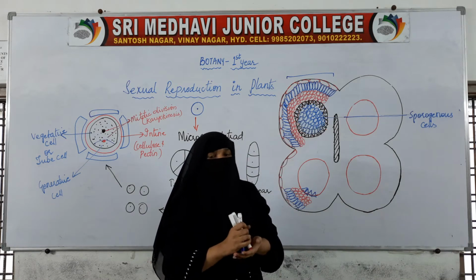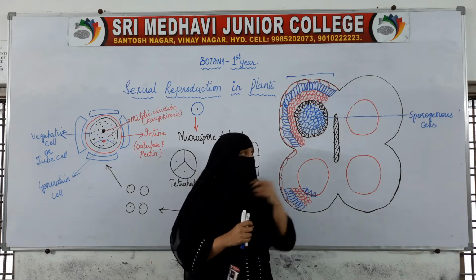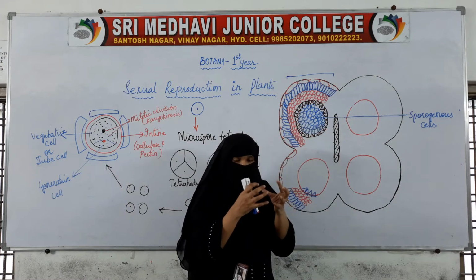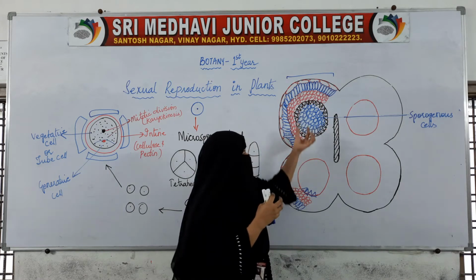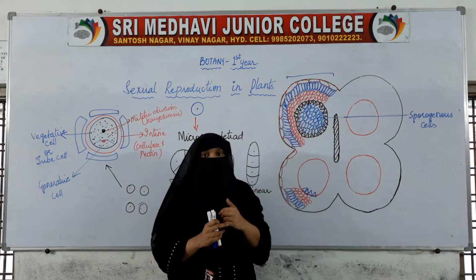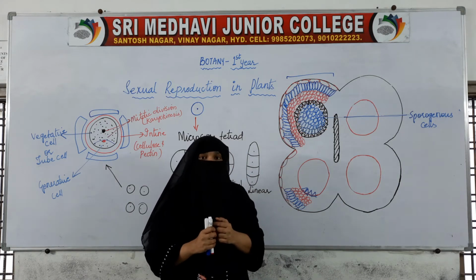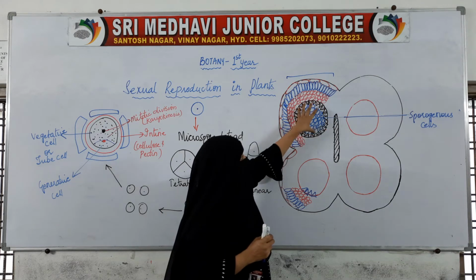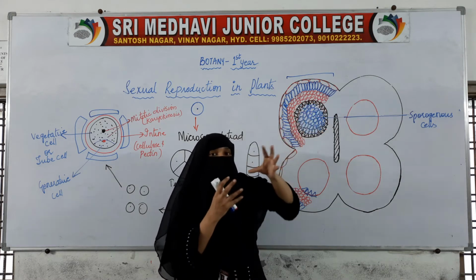When the anther is young, the sac-like structures are also small, and that is why the cells are very compactly arranged. But as the anther matures, the sacs become a little bigger.